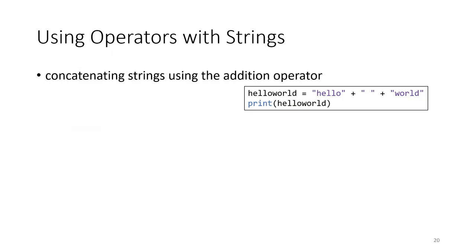We have some operators that work with strings. For example, we can concatenate several strings together. Concatenation means that we put them together so that they form a single, bigger string. Here, for example, we have a variable, hello world, which contains several strings together. The first one contains the word hello, the second one is just a white space, and the third one has the word world. So we will have a big string that contains all these 3 strings together.